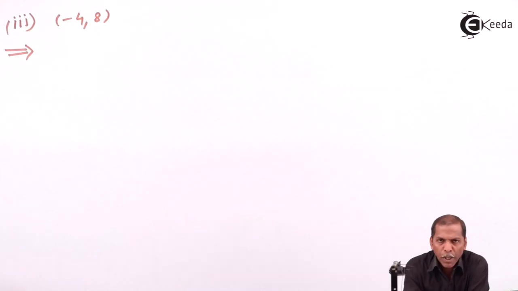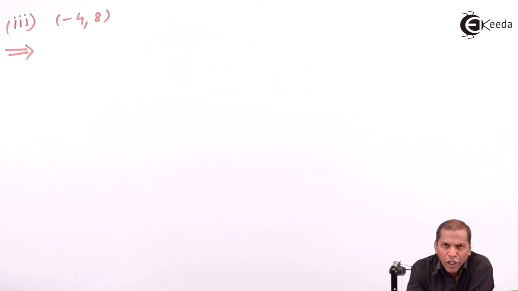Hello friends, now we see problem 2 of question 3, which is also based on shift of origin of chapter Locus. In sub question 3, we have given the point (-4, 8) as the new coordinates, and we have to find the old coordinates, that is small x and small y.